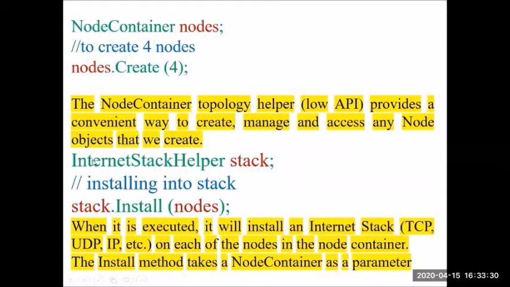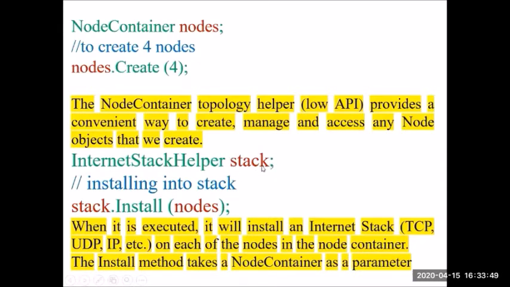So what is the job of this InternetStackHelper? It will create an internet stack with different layers: the MAC layer, the network layer, the transport layer. It creates a stack with different layers and keeps it ready for us.